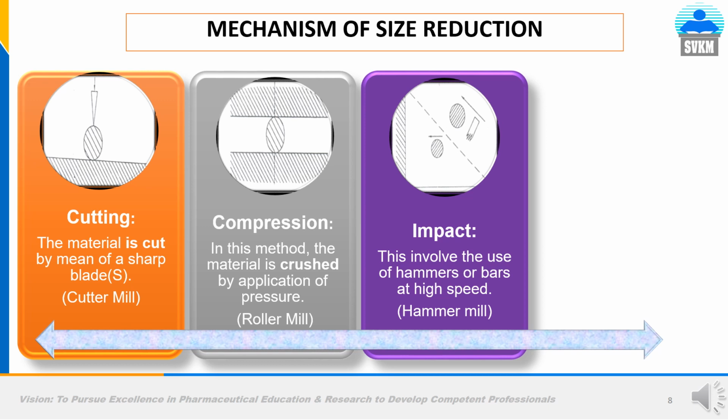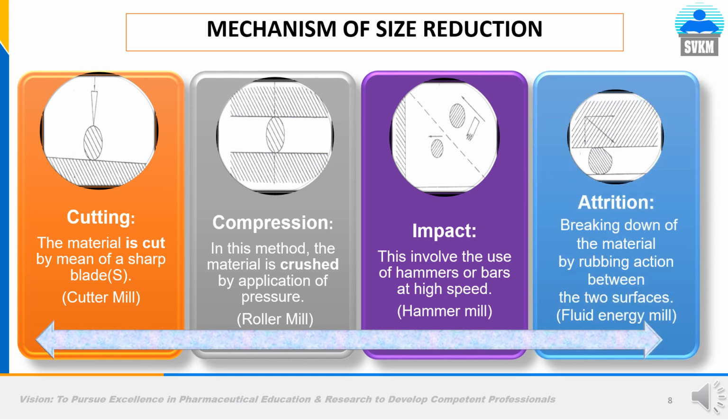That's why size reduction takes place. That is called impact, the bombarding or hammering of particles, where particles interact with moving hammers or moving bars at high speed. That's why size reduction takes place by the mechanism of impact.